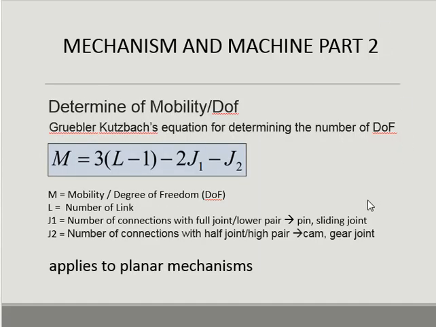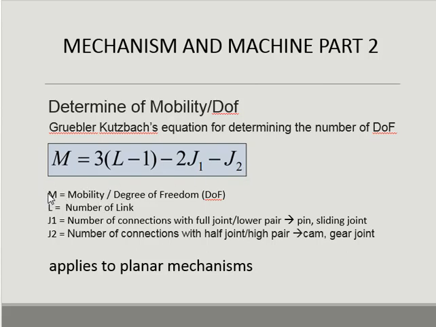And now we can determine the mobility or degrees of freedom with an equation from Gruebler-Kutzbach. The Gruebler-Kutzbach equation is for determining the number of degrees of freedom. This equation is M = 3(L - 1) - 2J1 - J2.